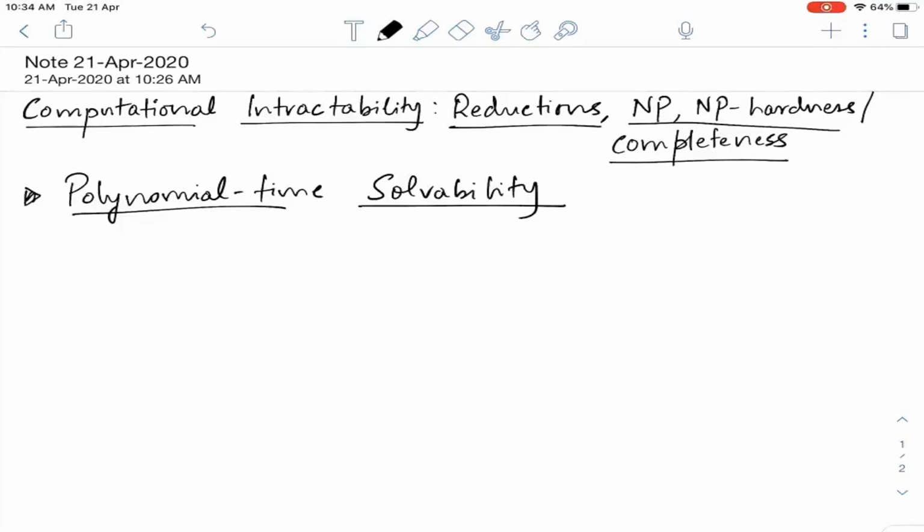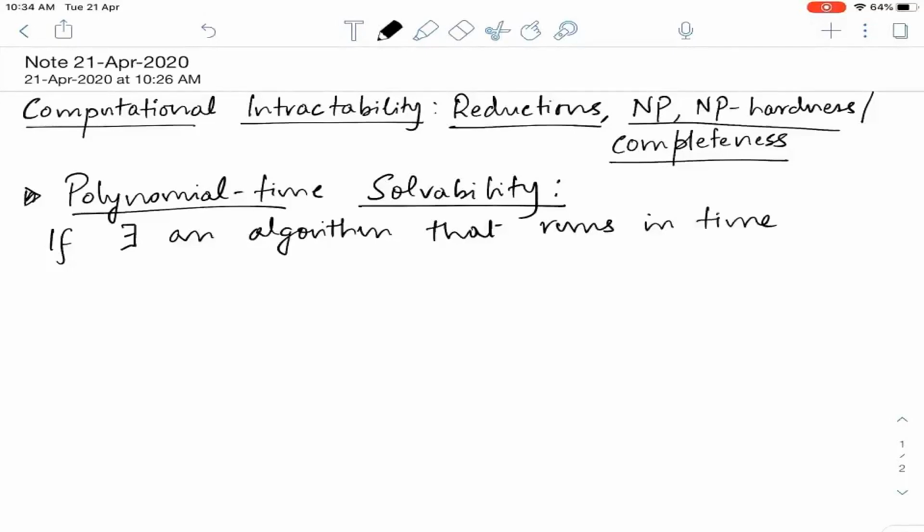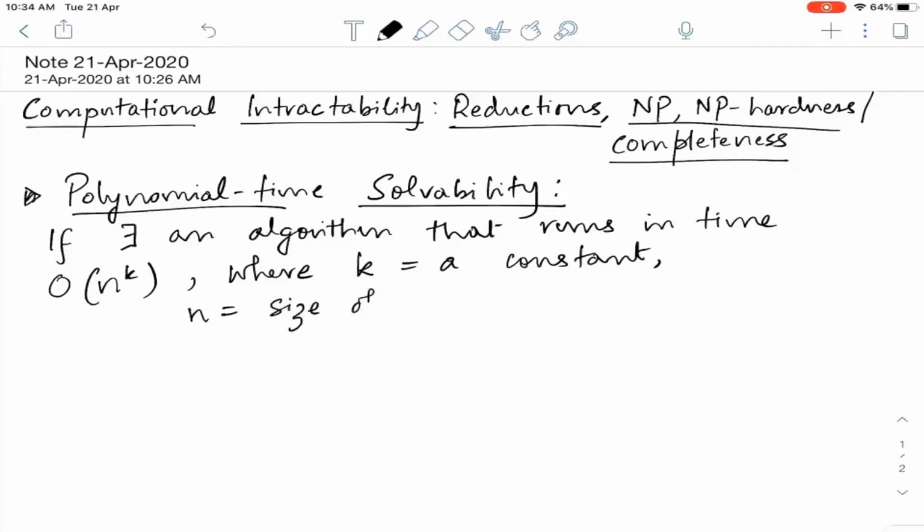So what is polynomial time solvability? Well, if there exists an algorithm that runs in time something like, let's say, order n to the power of k, where k is a constant, and n, remember, is the size of the problem.